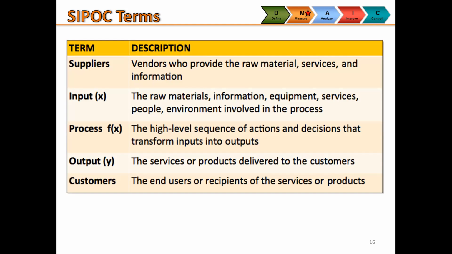So the F of X is the high level sequence of actions and decisions that transforms my inputs into outputs. And my Y's are the services or products that are delivered to their customers or information. And the customers are the end users. And again, keep in mind that many times our customers can be our internal customer who's ultimately using that information or that product or subassembly or whatever.